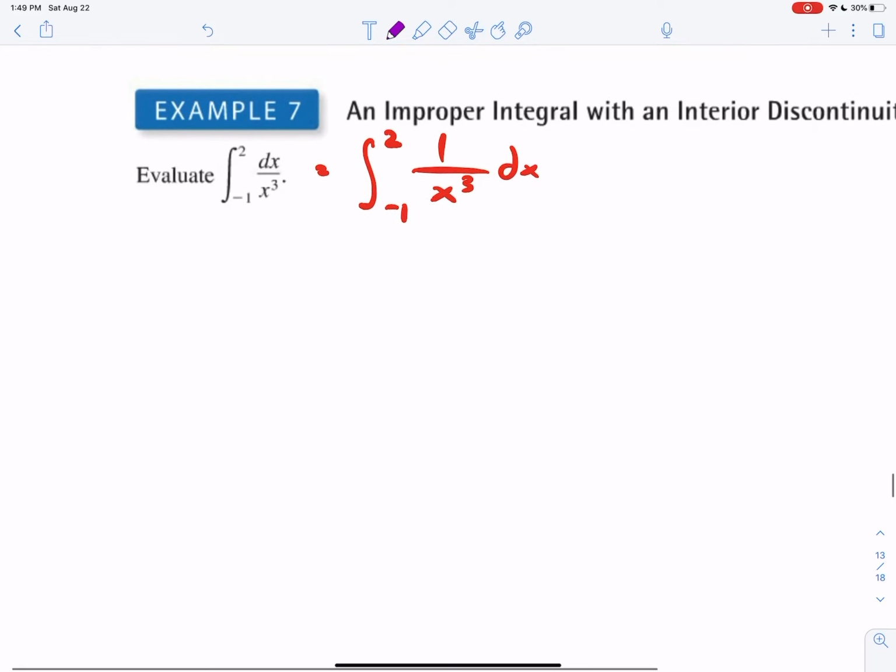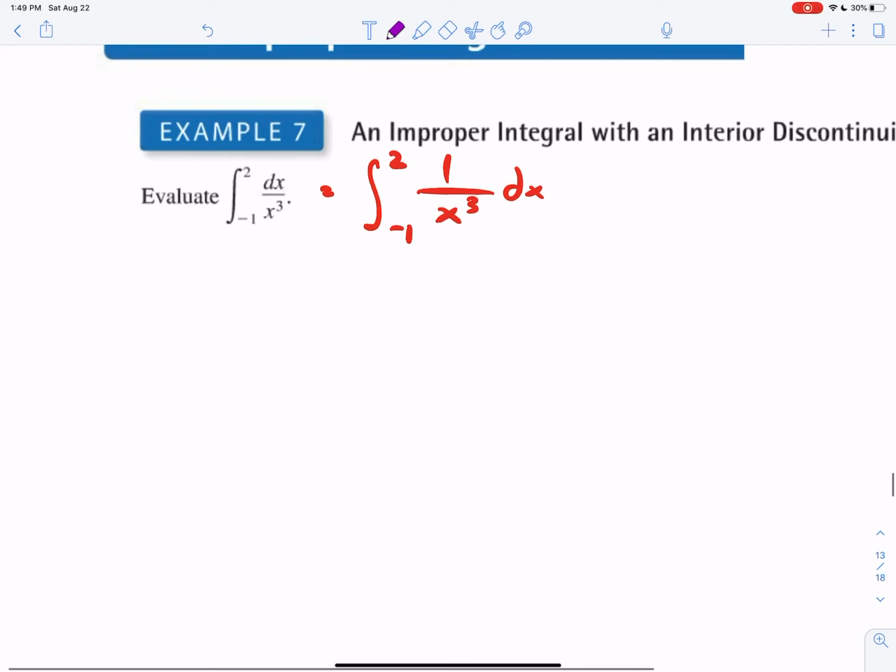So what you got to do here is you actually have to stop at where it's discontinuous, okay? So here I'm going to go from -1 to b, okay? And instead of 1 over x cubed, I'm just going to write x to -3, just to make it easier.